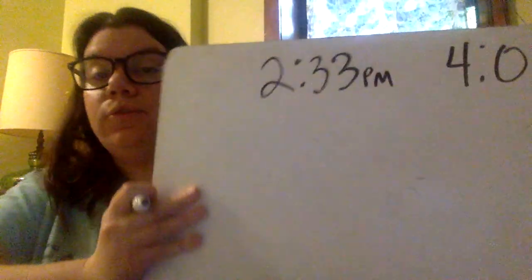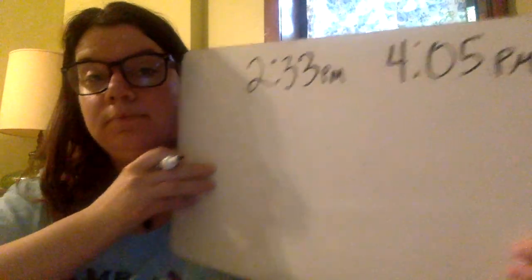Let's say we have a start time of, I kind of want to just show you maybe a more difficult one. We have a start time of 2:33 p.m. and we want to end at, I don't know, let's say 4:05 p.m. So what is our time interval from 2:33 to 4:05?